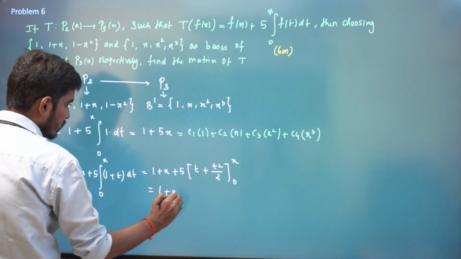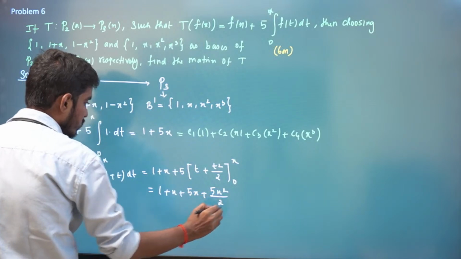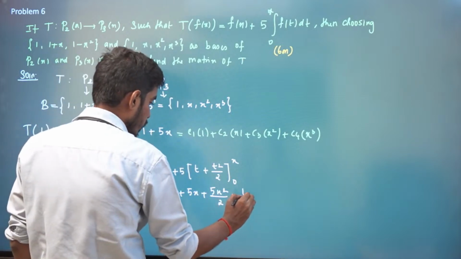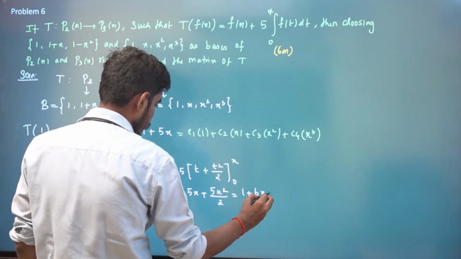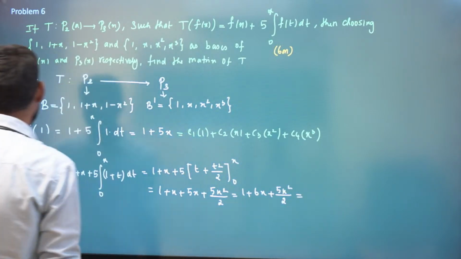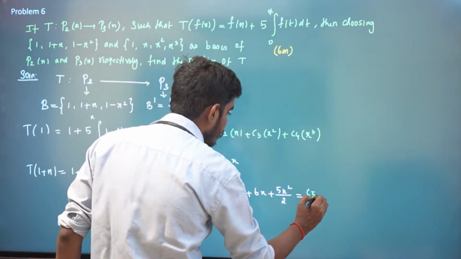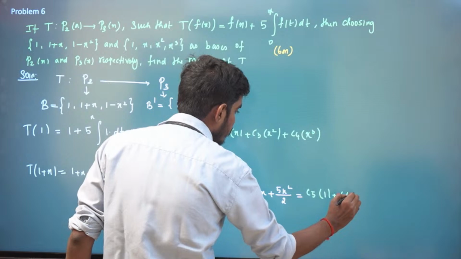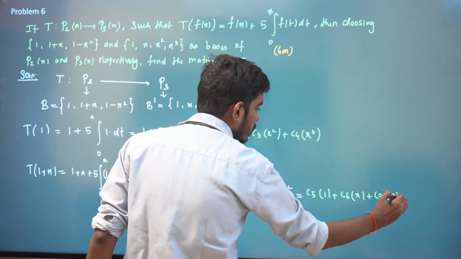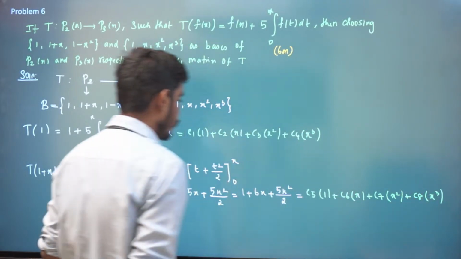This is 1 plus x plus 5x plus 5x square by 2, upper limit minus lower limit. So we will have 1 plus 6x plus 5x square by 2. Now you have to write that as a linear combination of, let us say, c5 times 1, c6 times x, c7 times x square plus c8 times x cube.